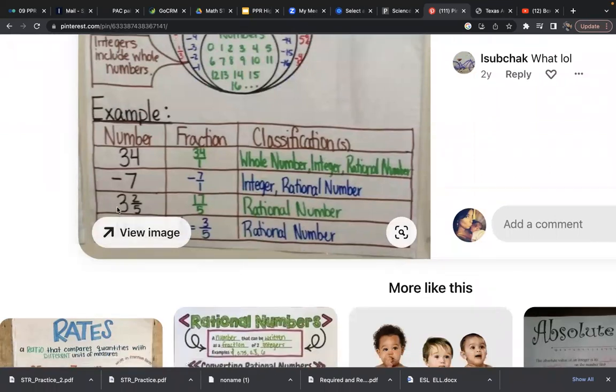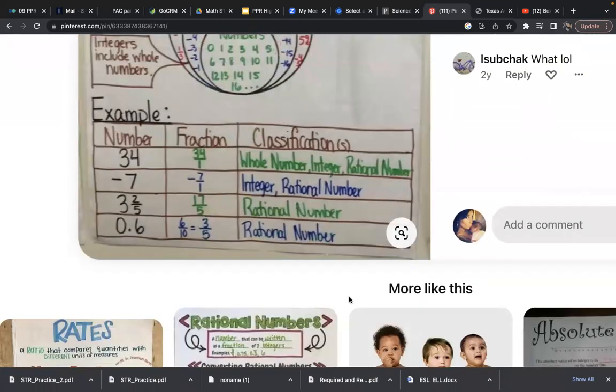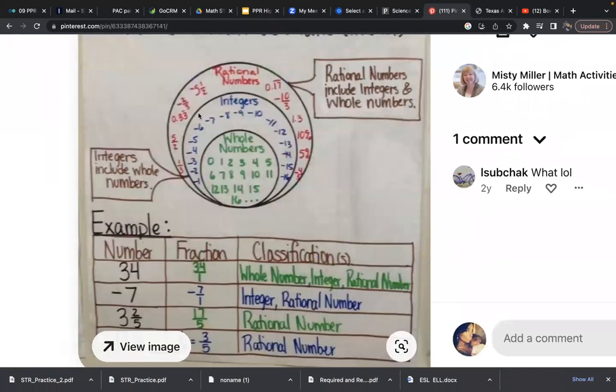And then you have 3 2/5 or 17 over 5, and that's a rational number, not a whole number. 0.6 or 6 over 10 or 3 over 5 is a rational number.